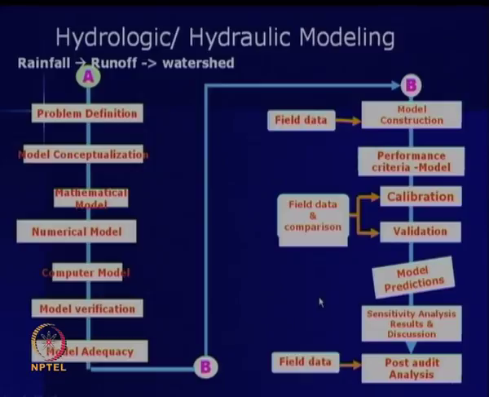After a few months or a few seasons, if those kinds of events happen, we have to see whether the model is giving the appropriate results we are looking for. That is the so-called post audit analysis.